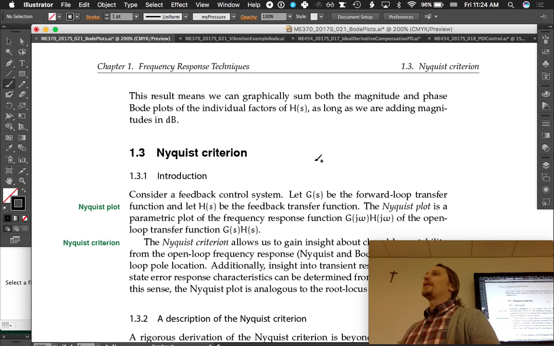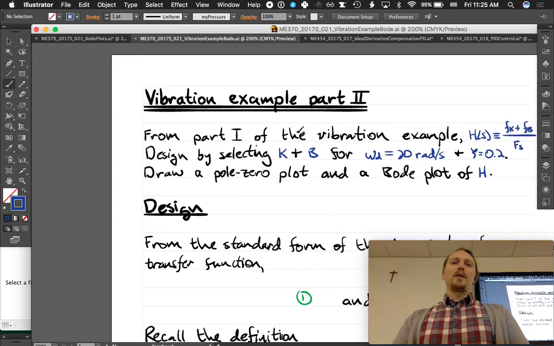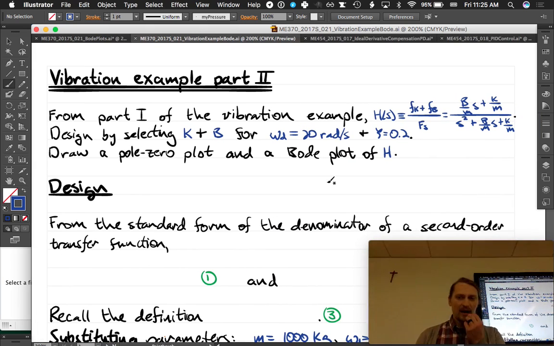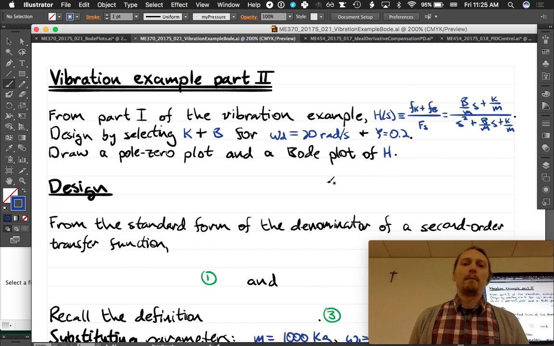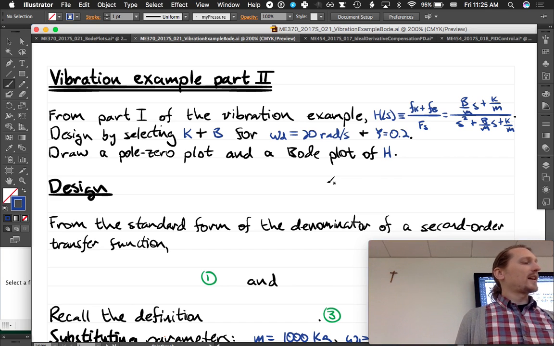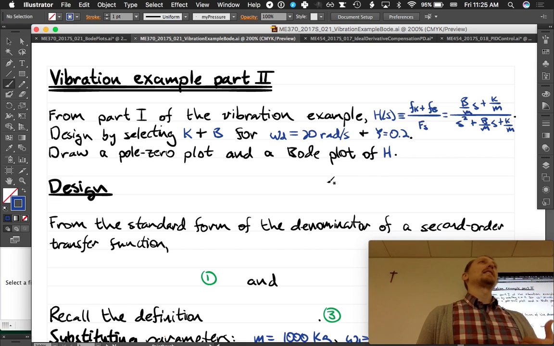Okay, so now we've got all the tools in our tool belt. Let's apply them to the good old vibration example that we did before. I mixed in a little bit of design into this problem for fun, because as much as we like analysis, we love analysis in this class, we like to design with these things eventually.